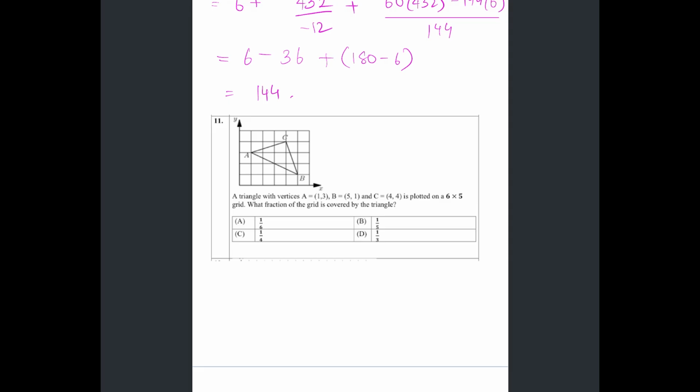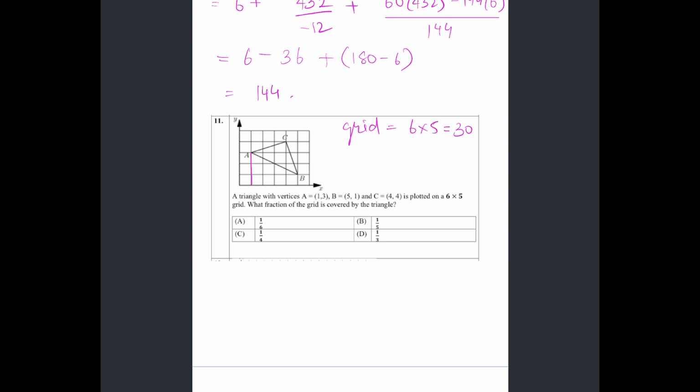So what fraction of the grid is covered by the triangle? So they're asking what is the ratio of the area of the triangle to the area of the whole grid, right? The area of the whole grid is just 6 into 5, that is 30, right?